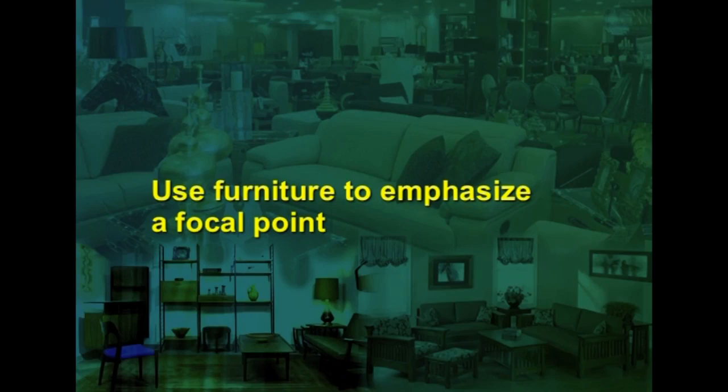Now let us see how to use furniture to emphasize a focal point. A focal point of interest should be created in the room. Group furniture around a focal point. If the room lacks a focal point, use a piece of furniture as a focal point.